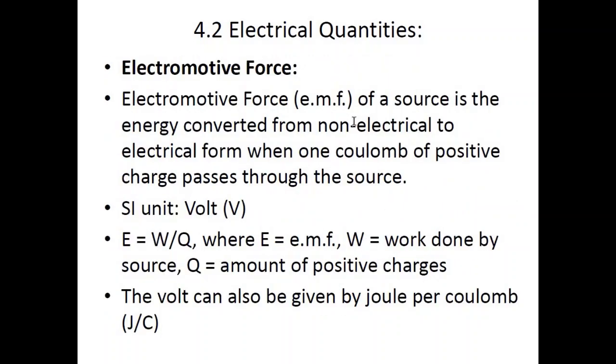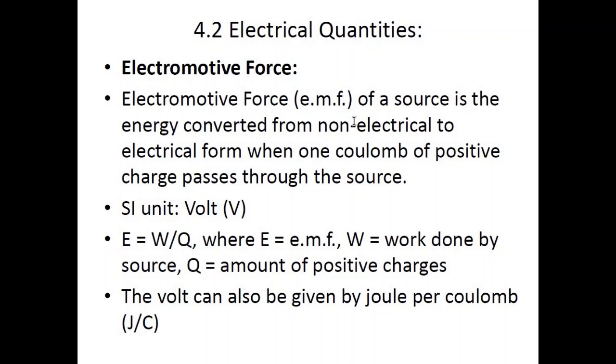Electromotive force, or the EMF, is the energy that is converted from chemical or any non-electrical source to electrical form when 1 coulomb of charge passes through the source. Its SI unit is volt, denoted by the symbol V, whereas the EMF is given by W upon Q, work done upon charge.